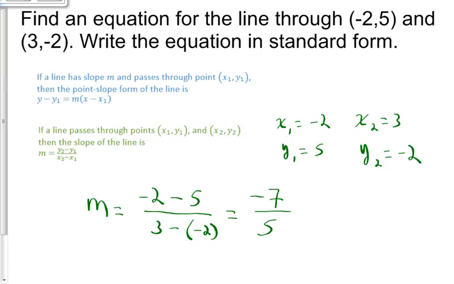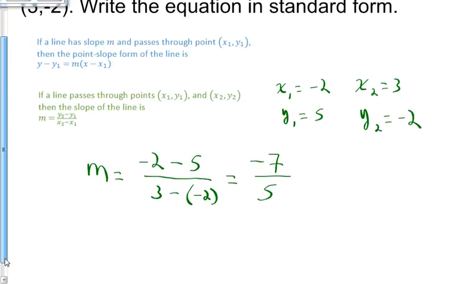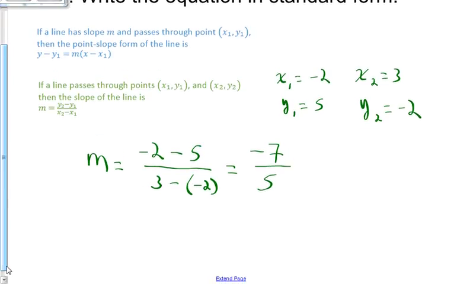So here I have the slope. I just had to use this formula initially to find the slope. Now, once you have the slope and you know a point that the line passes through, and we actually know 2 points, we have more points than we need, then you can use this theorem to write the point slope form of the line.